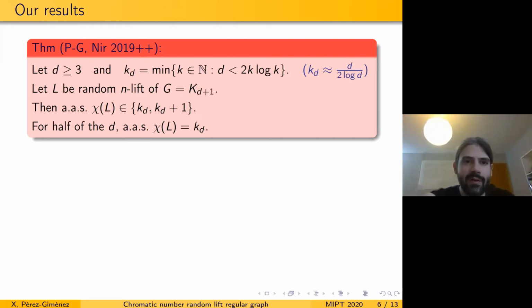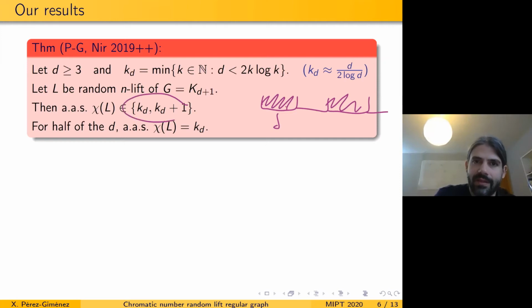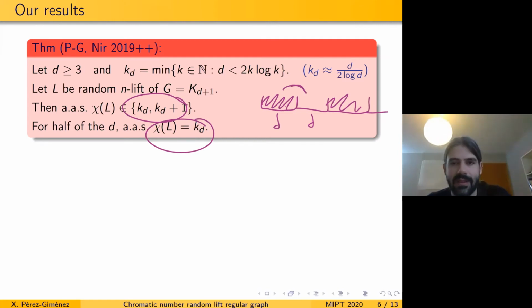What I mean by roughly half is that there are some intervals which are growing, and if your D falls into one of these intervals, you're in this situation. If D falls into this other interval, you're in this situation. These intervals grow very slowly, but the ratio between two consecutive intervals tends to 1.